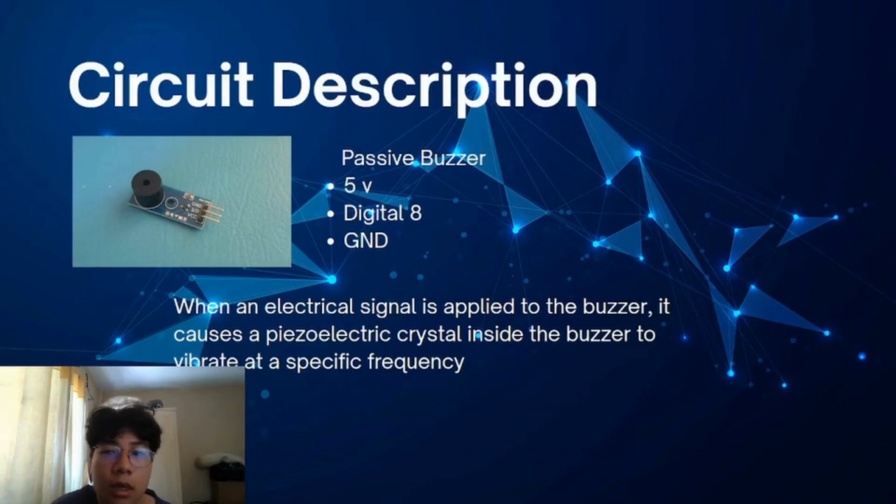Now we want to look at the circuit. First, we use a passive buzzer. When an electrical signal is applied to the buzzer, it causes the piezoelectric crystal inside to vibrate at a specific frequency.